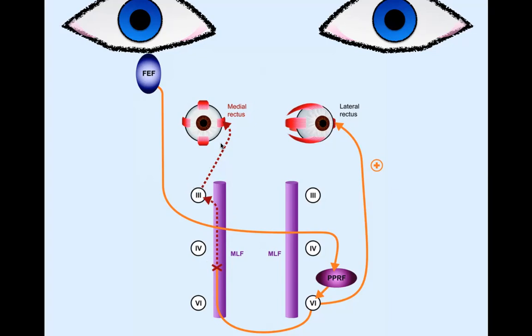That in turn innervates the medial rectus. So with the contraction of the medial rectus, this muscle should also gaze towards the left side. So thus you can see that if there's a lesion affecting this tract, the MLF, the communication between the nucleus of number 6 and number 3 has been cut off. Therefore, this remains midline.